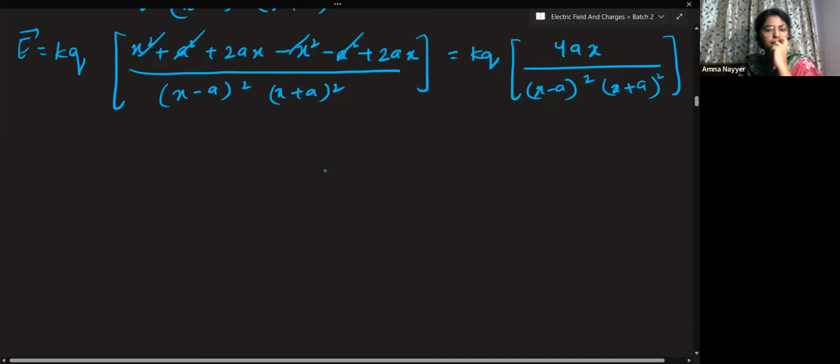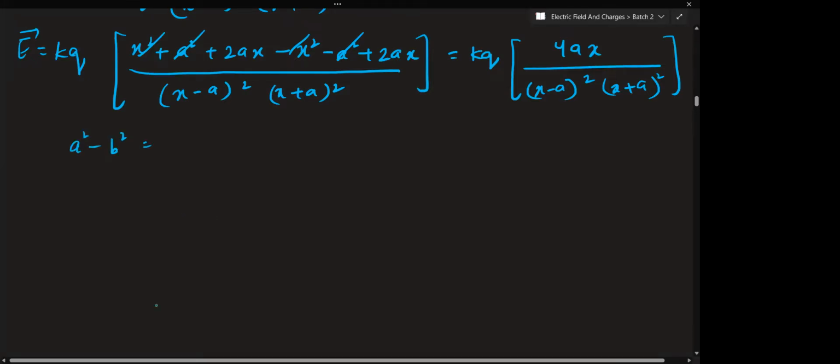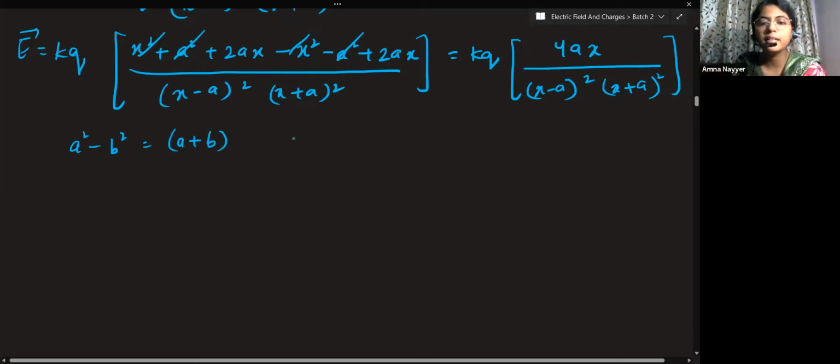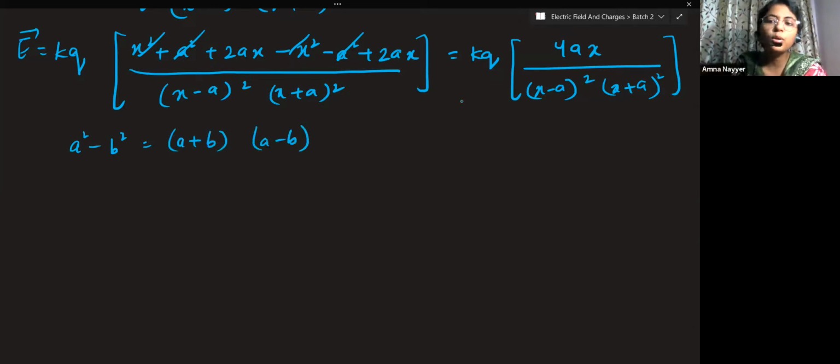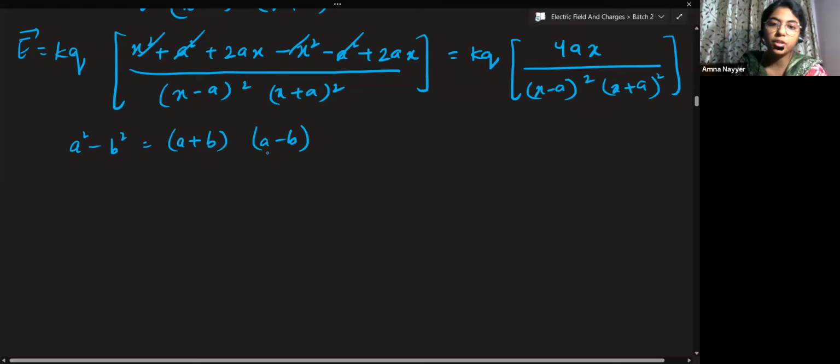Now, if you remember your identity, a square minus b square, what was that identity? a square minus b square is (a plus b) into (a minus b). So see, you don't have (a plus b)(a minus b) with you. Here you have (a plus b) whole square and (a minus b) whole square.